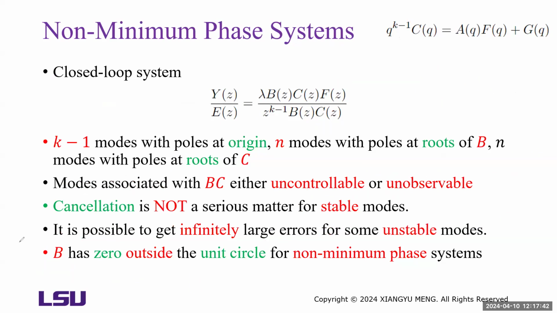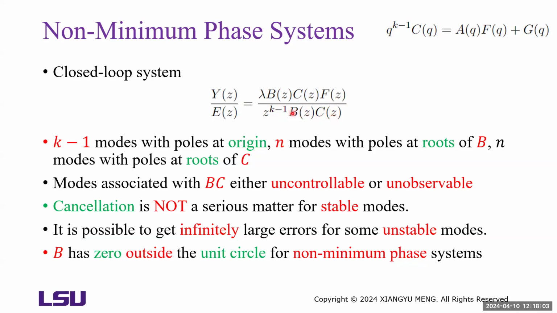The closed loop transfer function will be Y(z) over E(z), so this is the output, this is the input, will be the lambda. So BCF over z^(k-1), BZ over CZ.